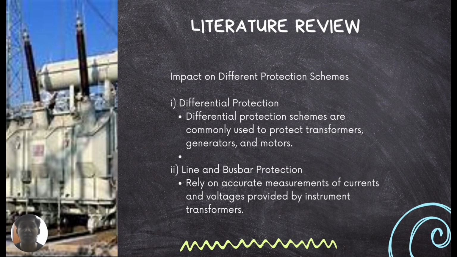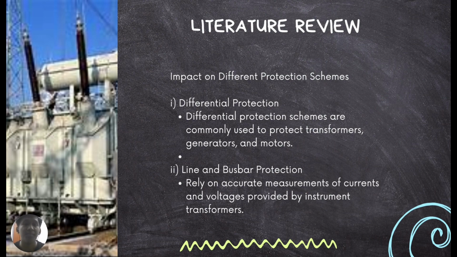Okay, the last part of the literature review, I also provide two main points for different protection schemes, where the first one is differential protection. What is differential protection? It's a scheme of protection for transformers, generators, and motors using a current transformer to measure current. Meanwhile, the error can affect the balance and cause incorrect calculation.